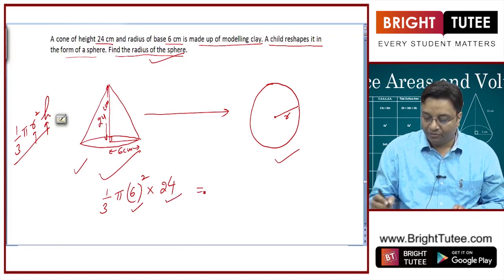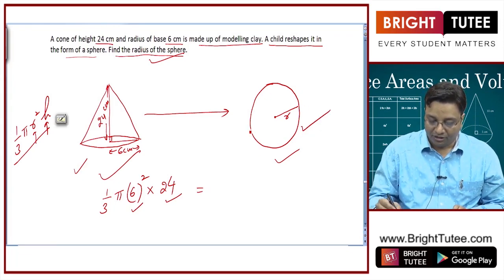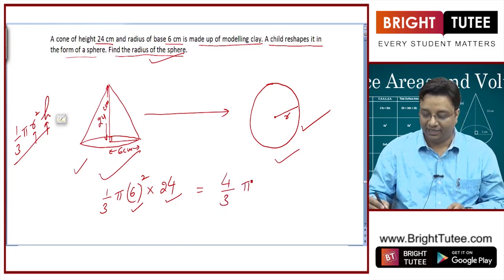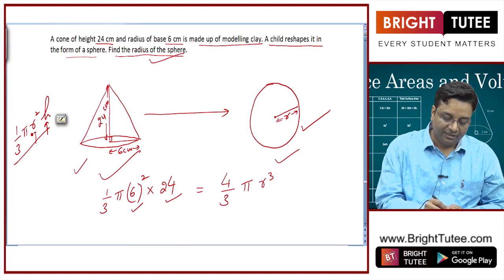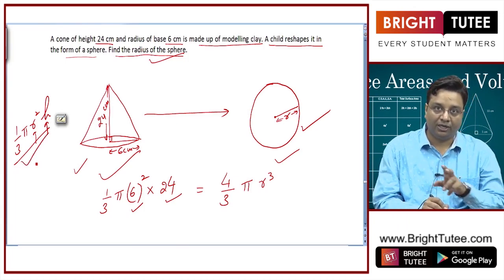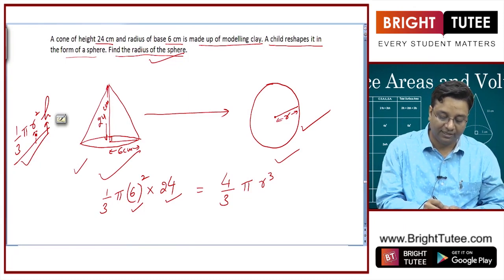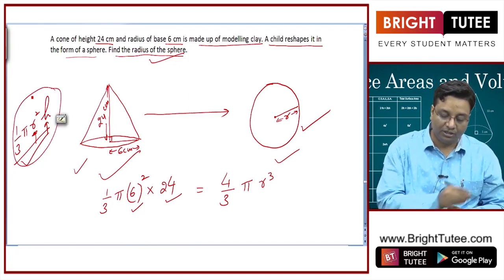It should be equal to the volume of this sphere. What is the volume of this sphere? 4 by 3 pi radius cubed, and I have taken the radius as small r, so r cubed. Here, this was just to explain the formula for the volume of the cone. I have not taken r as the radius of this cone, so you can ignore this.